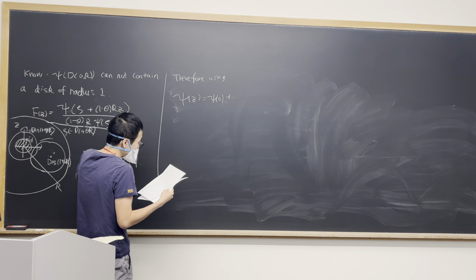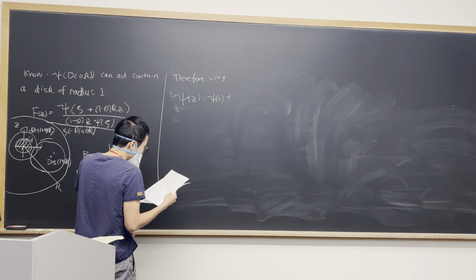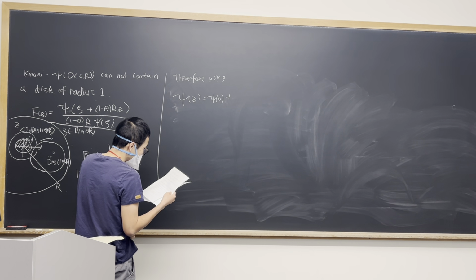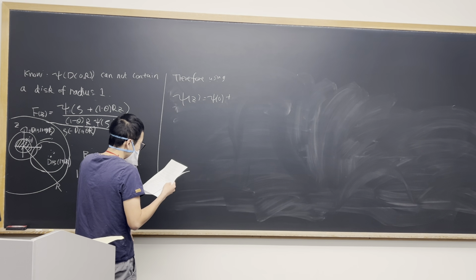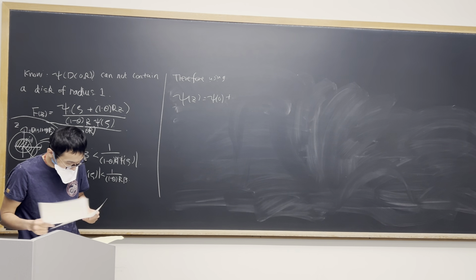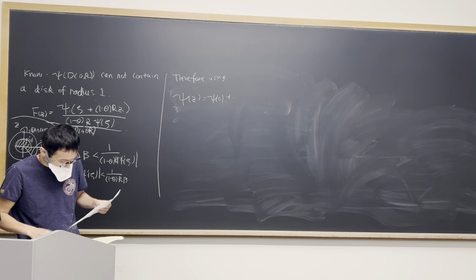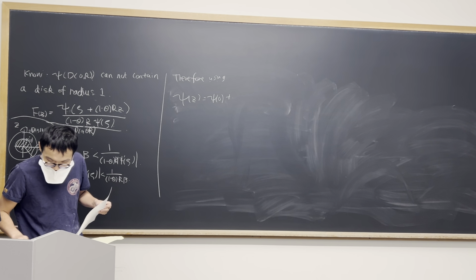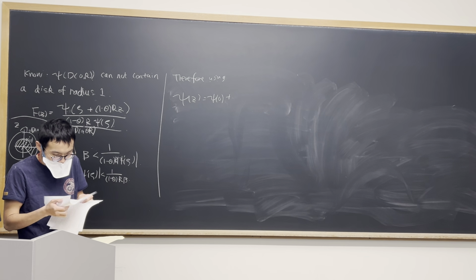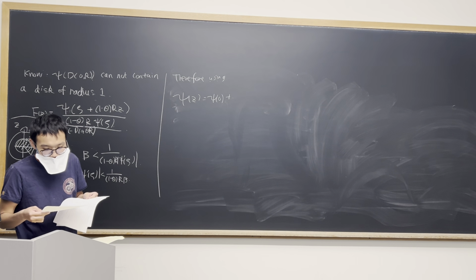And then after we find the upper bound for this psi, we have an upper bound for this f. And then after we find the upper bound for f, what happens? Yeah, so we are done.